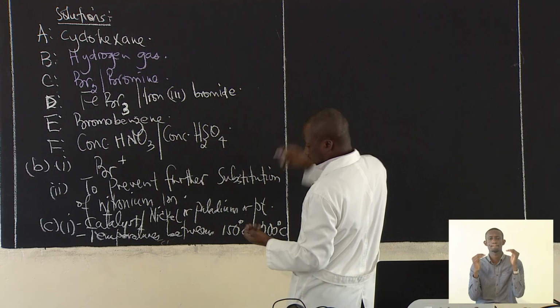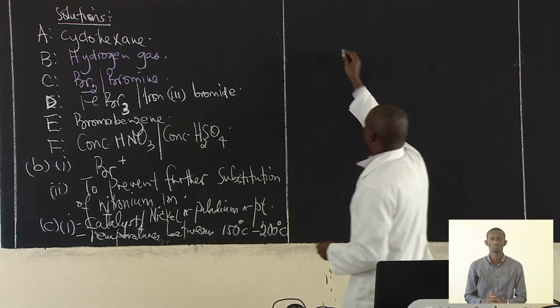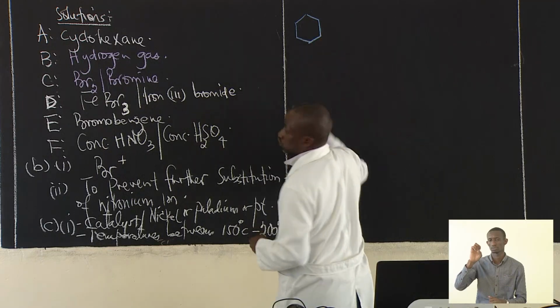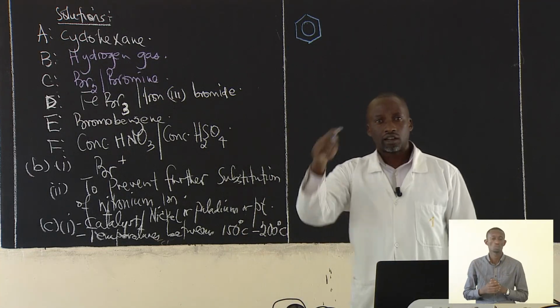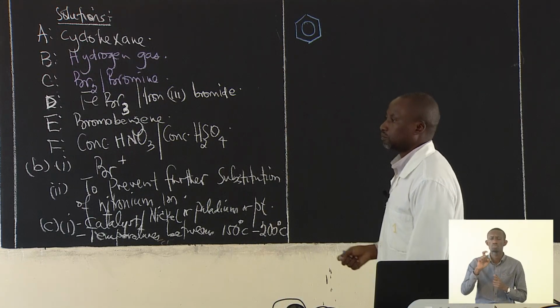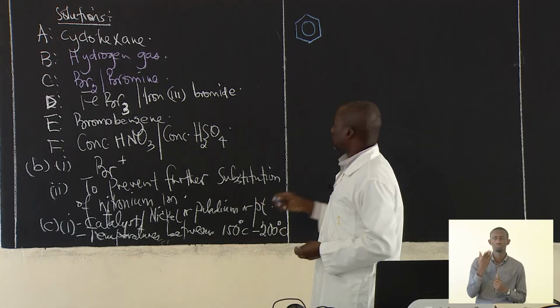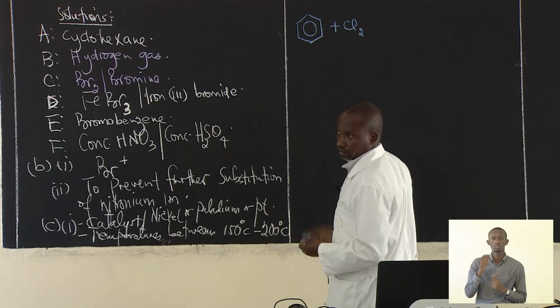So you have benzene. This is the structure of benzene. You always need to remember the delocalization, the pi system, so you need to put it down. And this is the simple one. So that is benzene. It reacts with chlorine.